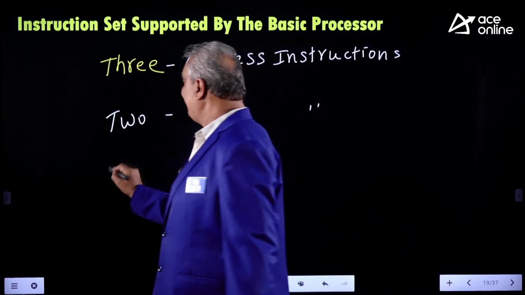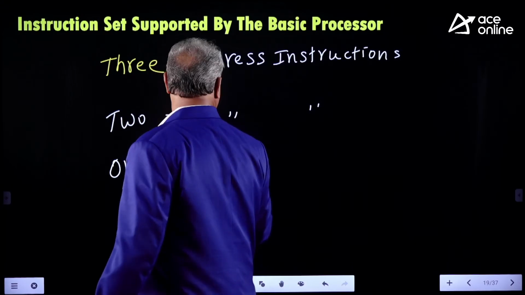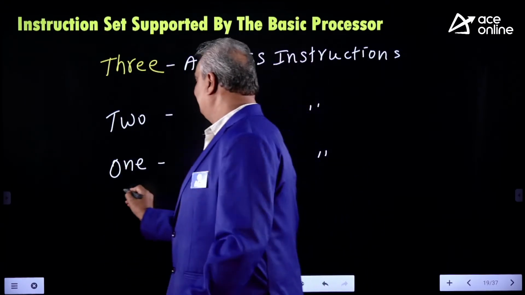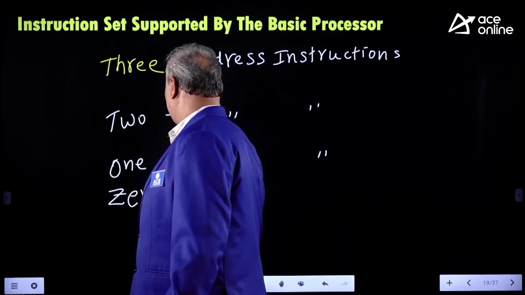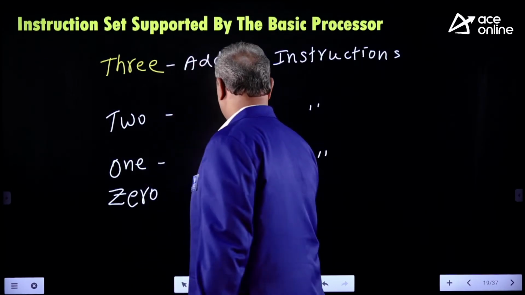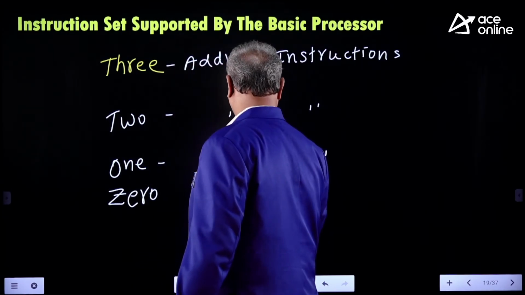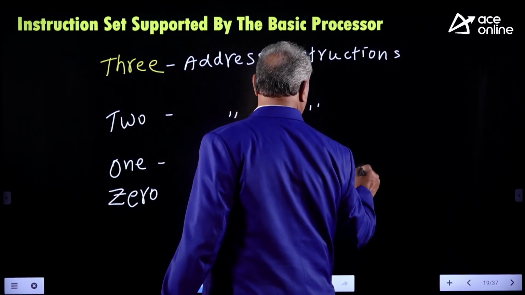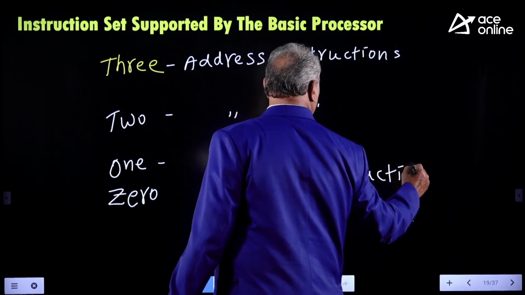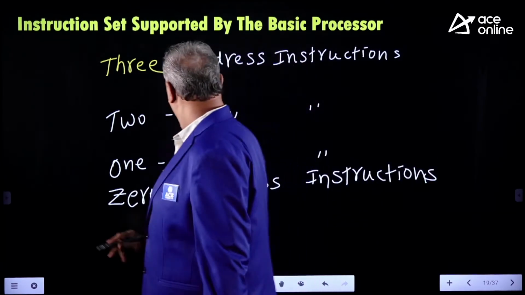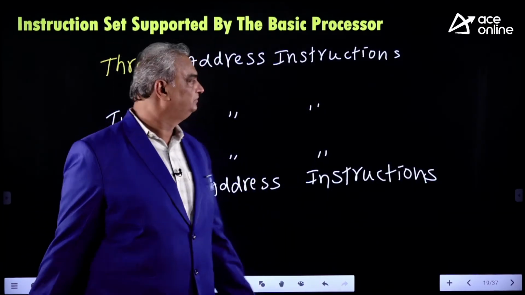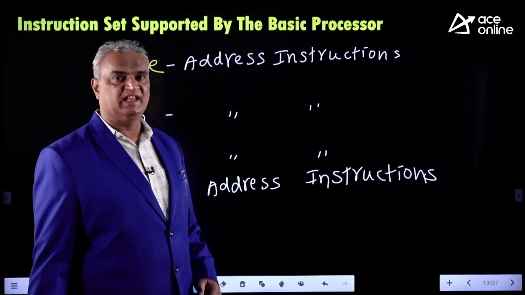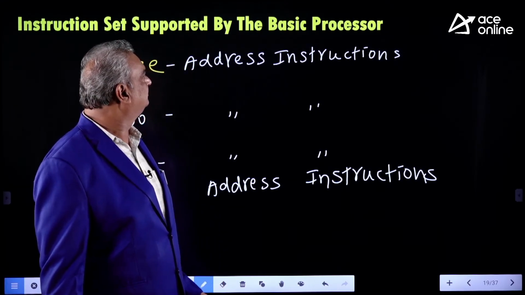Next, 1 address instruction. Finally, 0 address instructions. Okay, it is the classification.